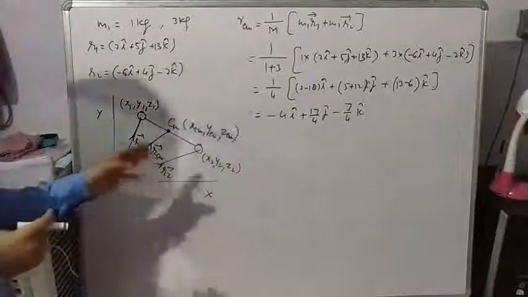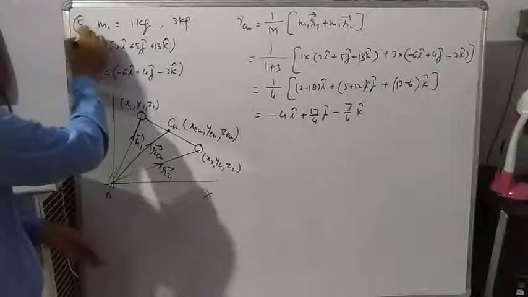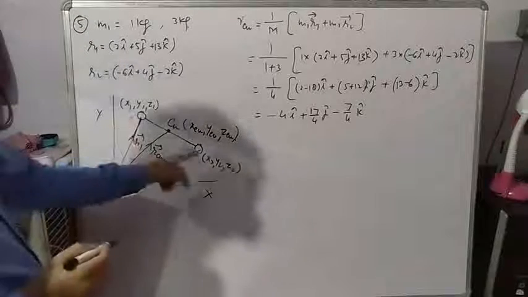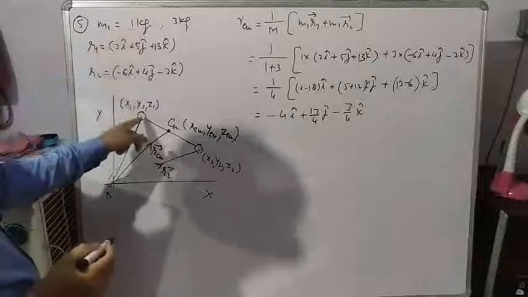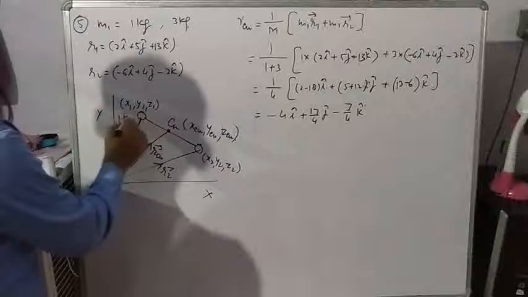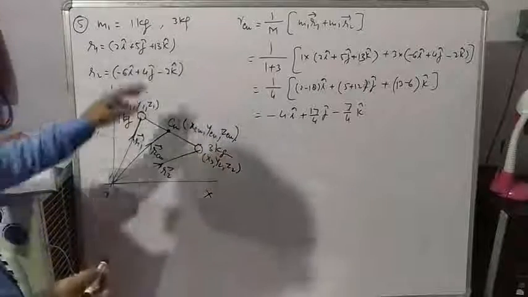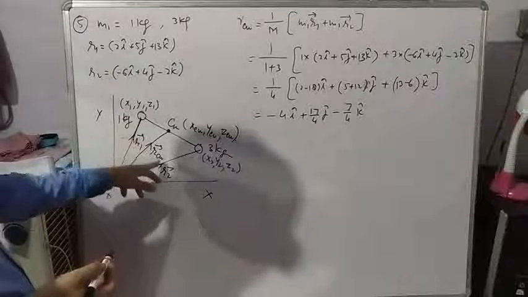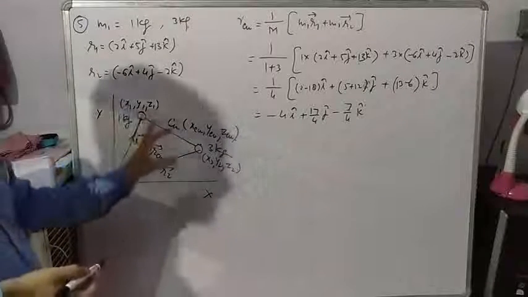Next question. Let us suppose a two particle system of masses 1 kg and 3 kg. And their position vectors are given. You have to find the center of mass of this two particle system.